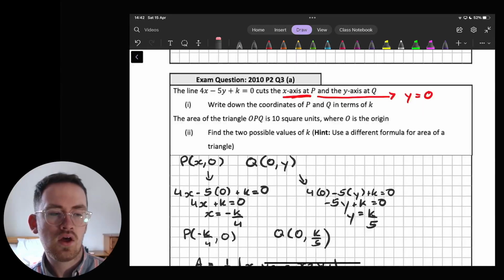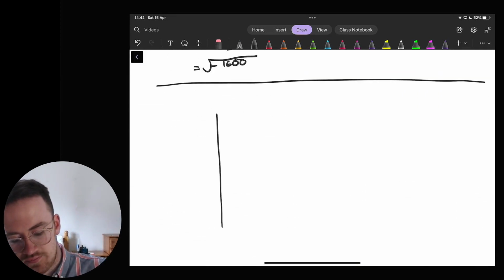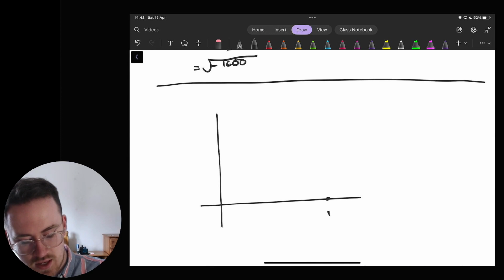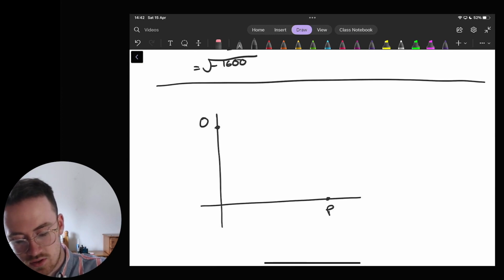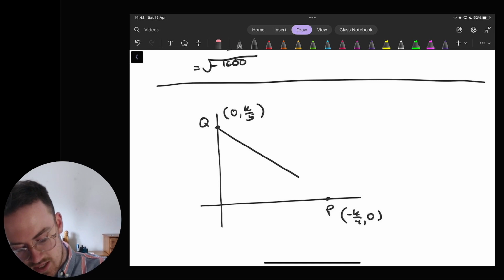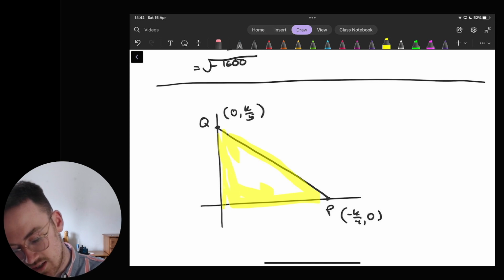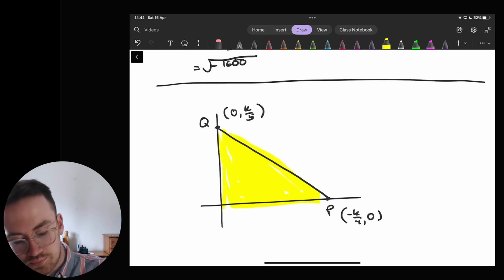Let's have a quick think then about why they've said to use a different formula for the area of the triangle. Let's draw a quick sketch for ourselves. P was right across the x-axis, Q was right across the y-axis. So this was my point minus k over 4, 0. This was 0, k over 5. If I sketch out my triangle here, we're looking for the area of this whole yellow triangle.